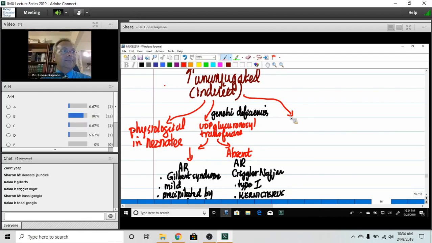Like in pyruvate kinase deficiency and G6PD deficiency, or otherwise structural protein issues like in sickle cell anemia, in hereditary spherocytosis, elliptocytosis, or autoimmune type of issues? Absolutely.